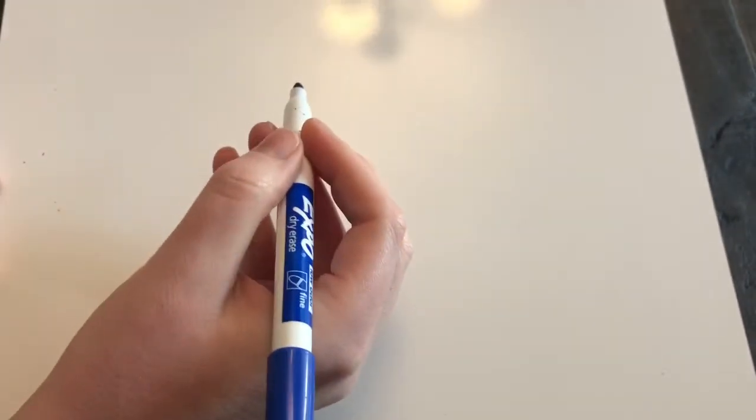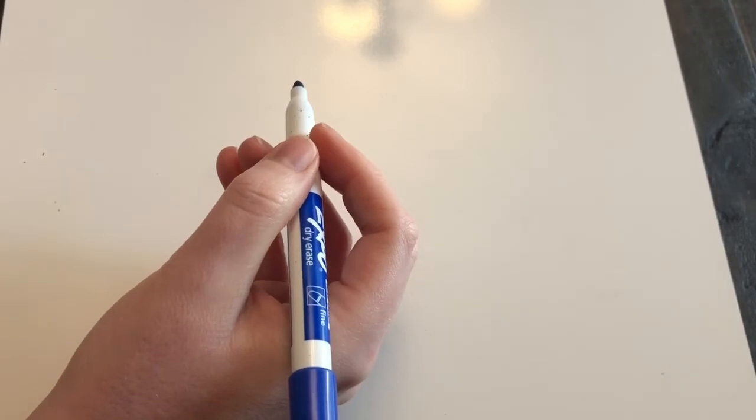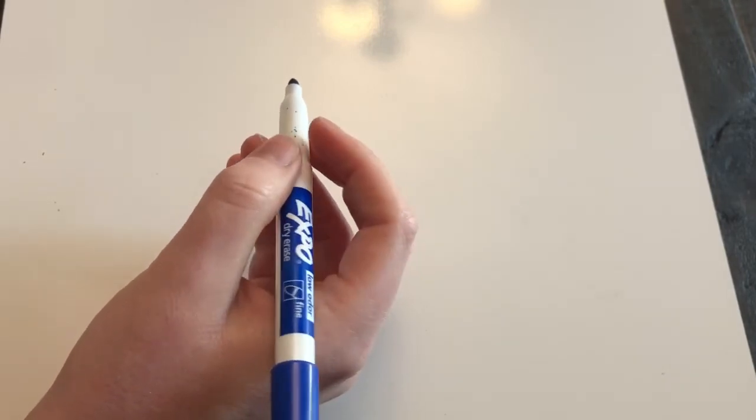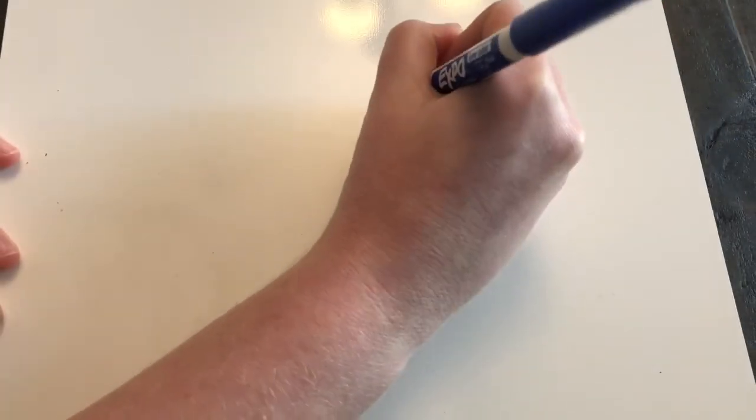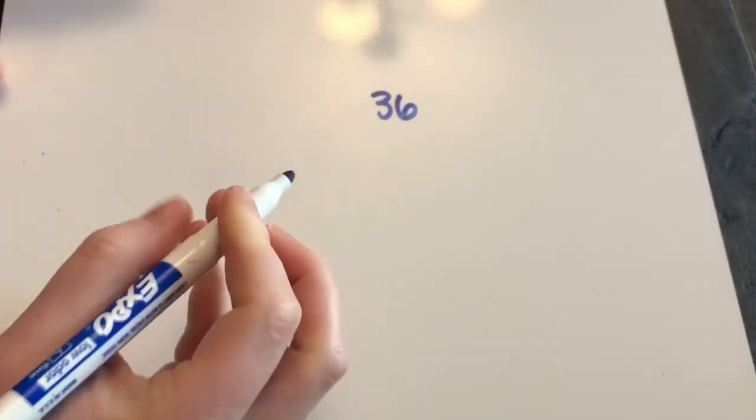So I'm going to try to make another one and kind of talk you through my thought process here. So what I'm going to do is I want to pick a number that is divisible by lots of things. Just to make this easier on myself, I'm going to pick 36 to be up at the top here.